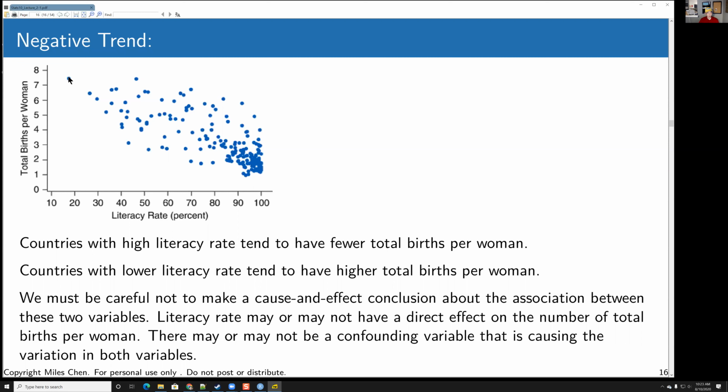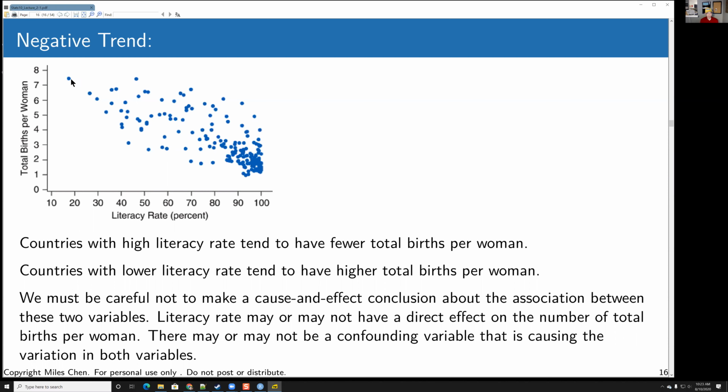This country with low literacy also has a high number of total births per woman. This is just a general metric of how many births there are per woman in the country.